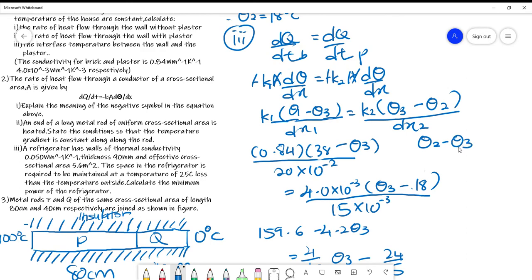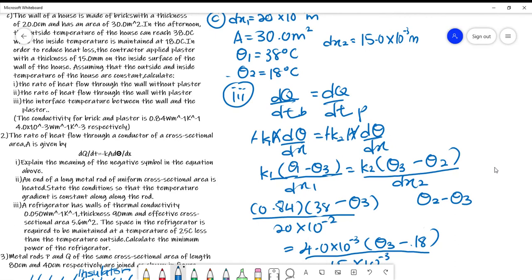So let me just check again. So this dq over dt is actually negative kA, so theta 2 minus theta 1. So this is x. Sorry, this one should be theta 3.